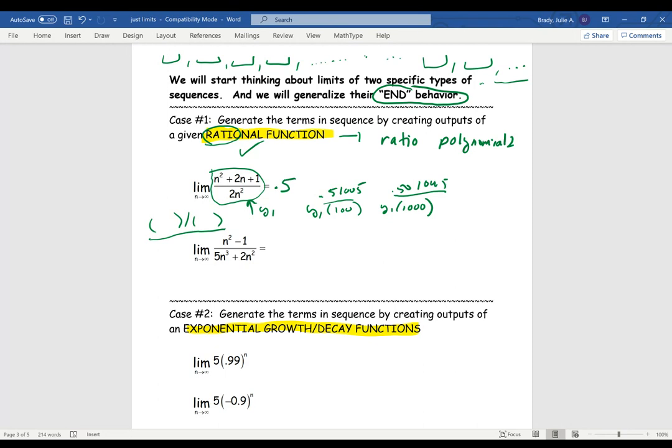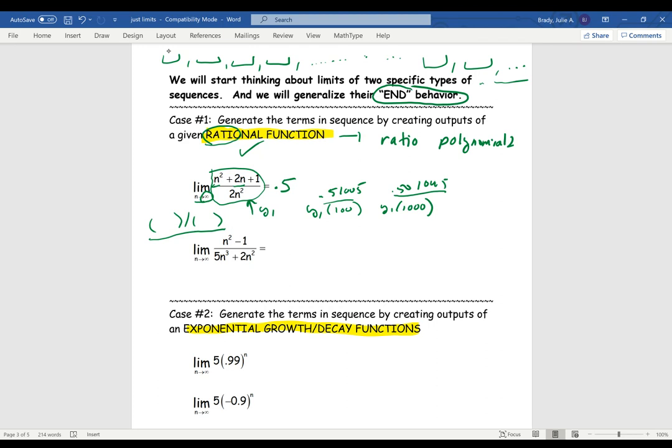And the question really is, why is it a half? Okay, so just in this special case, if it's a rational function, what you can do is compare the two leading terms. So not every place, but when n is really, really big, n squared dwarfs 2n.